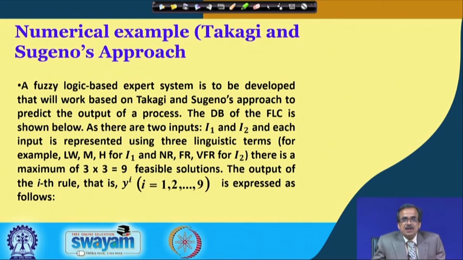So there is a possibility you will get very accurate values of the coefficients, and ultimately very accurate output. The prediction will be really good and very accurate in Takagi and Sugeno's approach.